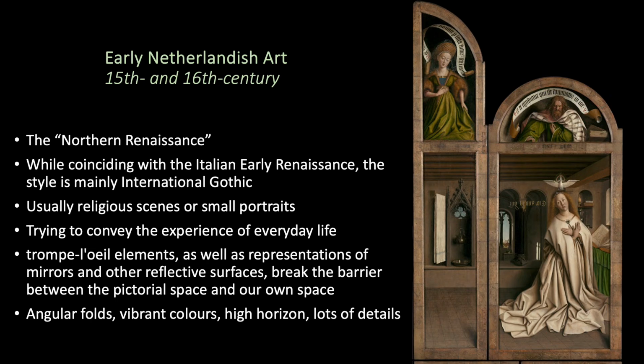And if you look at one of the panels on the right hand side, you see the angel, or you see the Virgin Mary, but in the background we see pots and pans, very realistic to contemporary audiences. Very funny angular folds. That is a giveaway that you're looking at early Netherlandish art, with these vibrant colours, very high horizon to get all these details in.